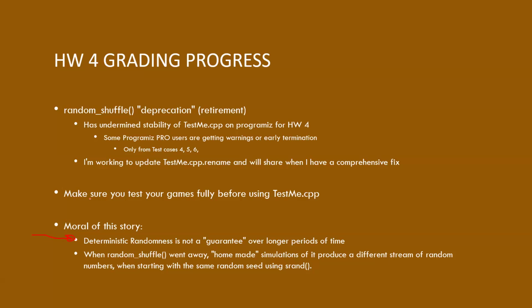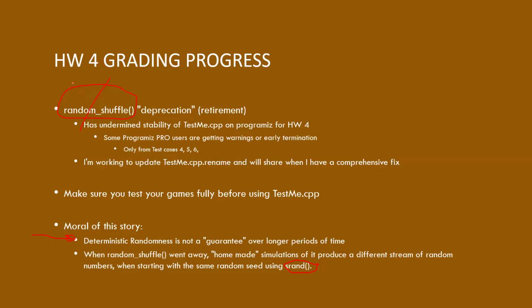So the moral of the story is I had been depending on this fancy little function to shuffle your deck in a very deterministic way by setting my SRAND each time in my unit tests. And this is a really cool strategy because it means we can just see if things end up being exactly the same.